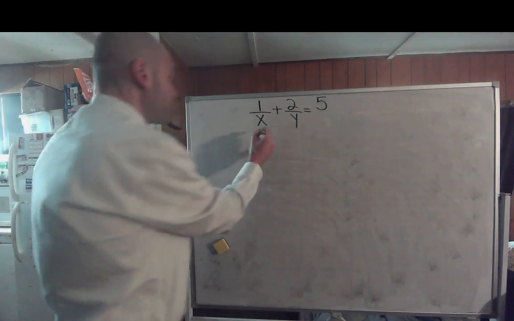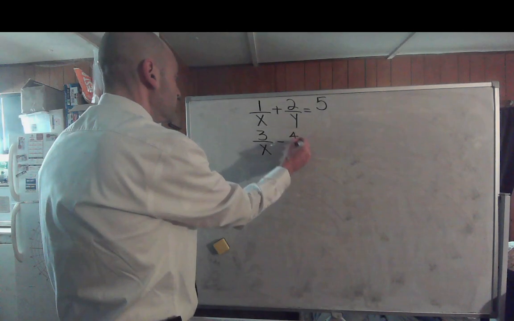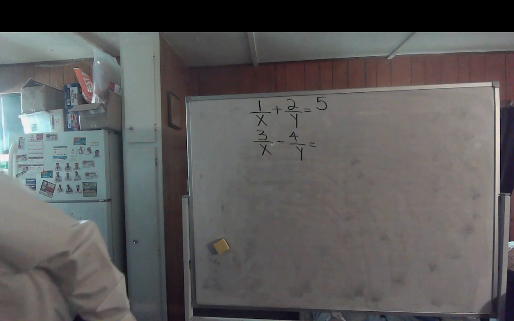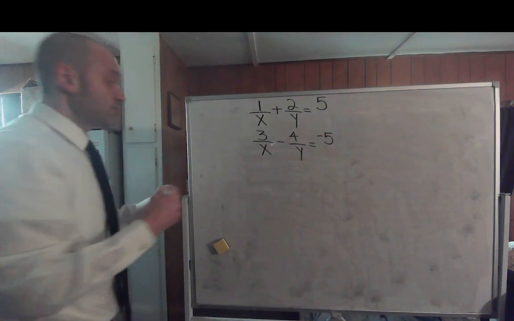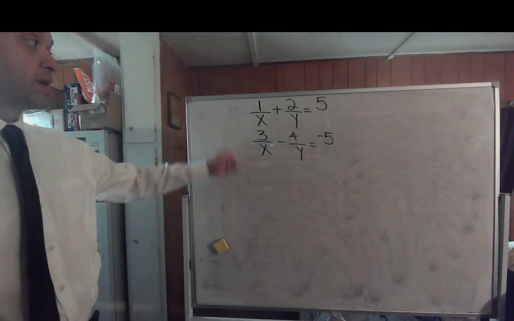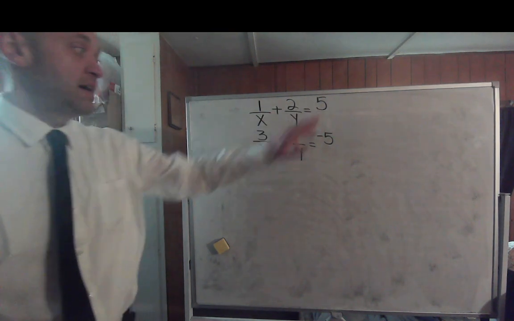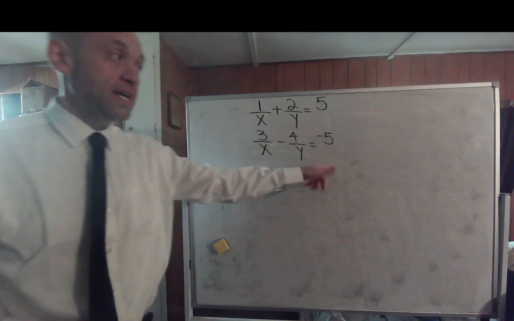Then we have 3 over x minus 4 over y is equal to -5.